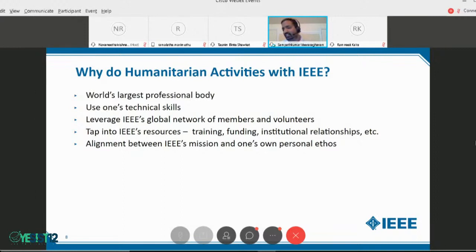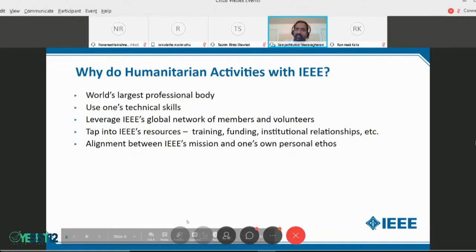There are a lot of engineering resources, training, funding, and institutional relationships. Fundamentally, IEEE is in a way the face of engineering, and it provides a global platform for people to connect, collaborate, inspire, and deliver value at the grassroots level.